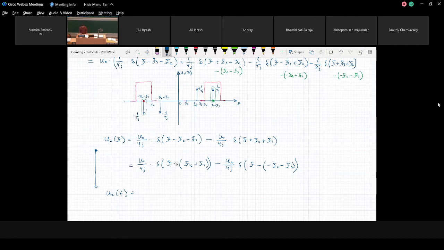What will it be? You can see that we have a difference of 2 delta pulses, and also an imaginary number here. You can remember that this kind of spectrum corresponds to a sine wave.